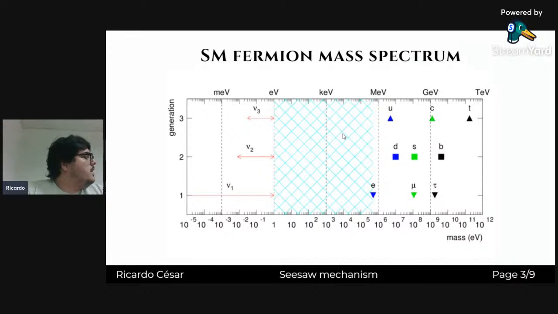There are no particles there, and the idea of the Seesaw mechanism, one of them, is to expand the standard model with more particles, and those particles help to explain why the mass of the neutrinos is so different from the other fermions of the standard model.